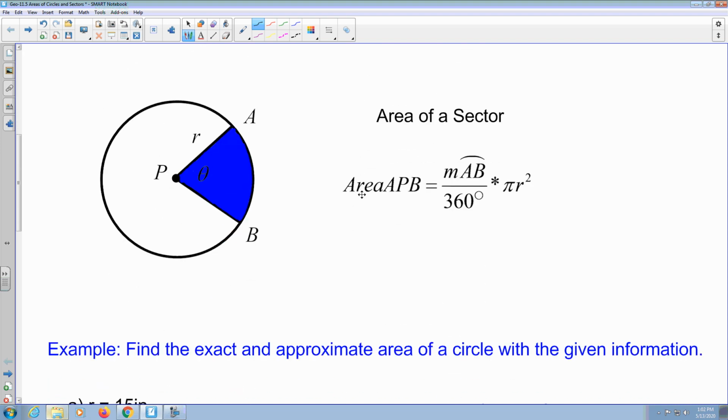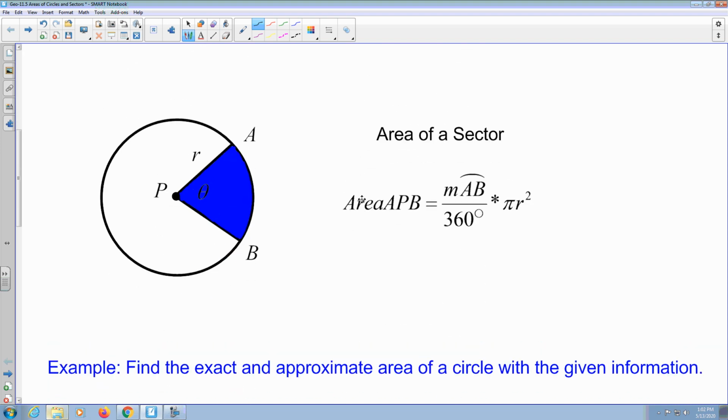Something that's relatively new is being able to find the area of a sector, which is kind of like a pizza slice area of the entire circle.